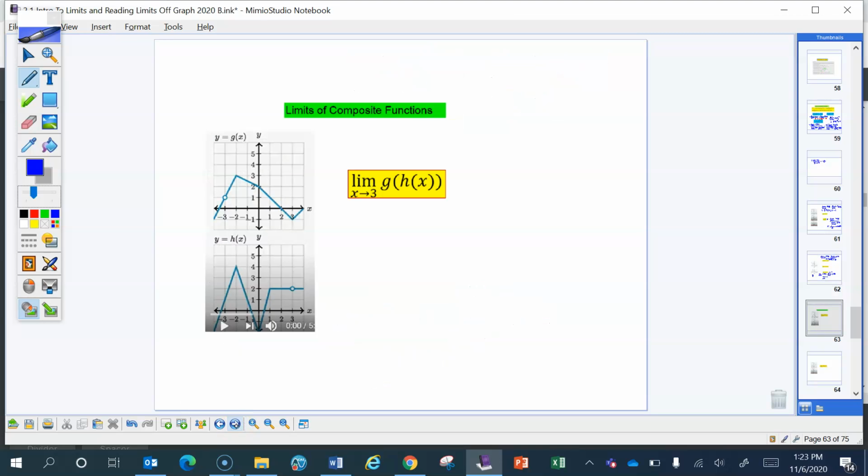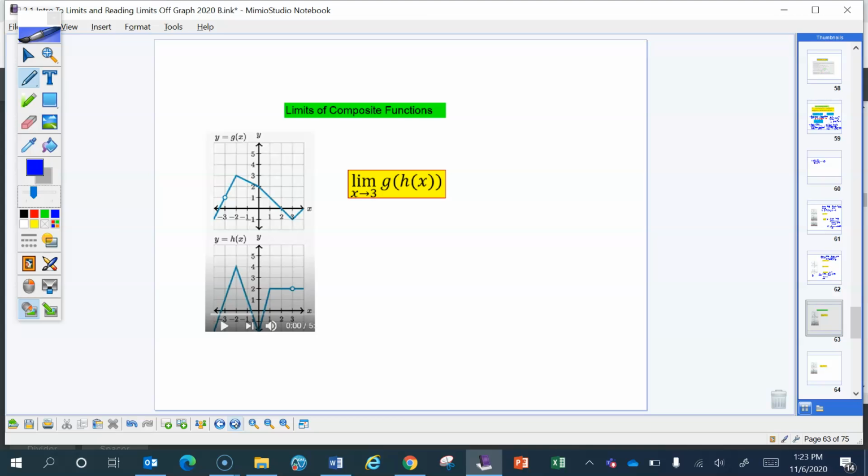Okay, for this last section, we're looking at the limits of composite functions, okay? And to evaluate these limits, let's start with the inside, okay? And if we look at the inside here, we have h of x as my inside function.